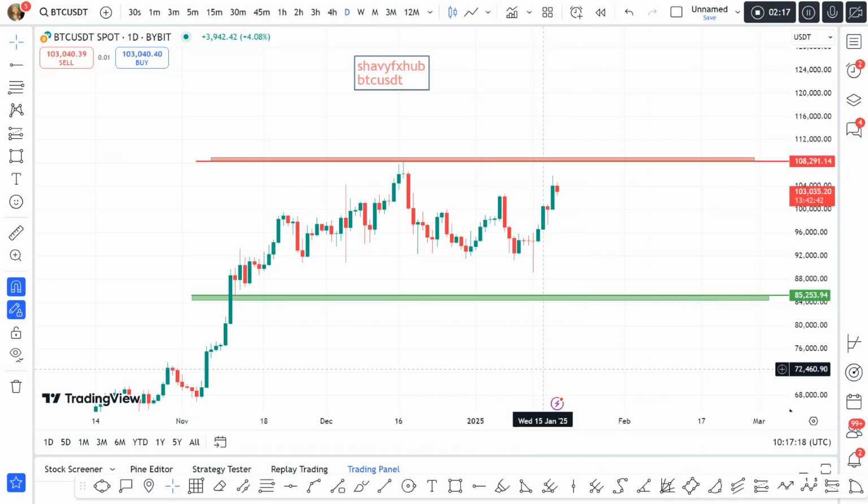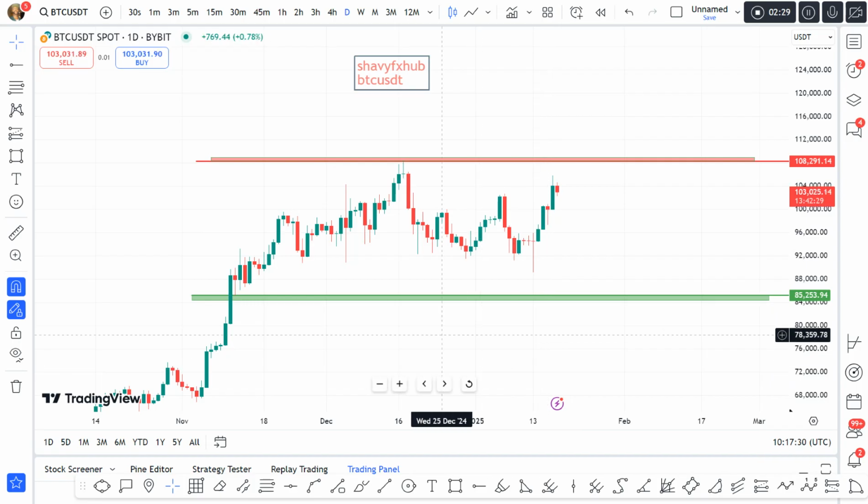So the next thing we want to find out is yes, the market is ranging, but in a range, when you scale down to lower time frame, you will find a trend. On a higher time frame, it's ranging, but on a lower time frame, there is a trend inside the range. What does that mean? That you are still going to find series of higher high, higher low, higher high, higher low in a lower time frame.